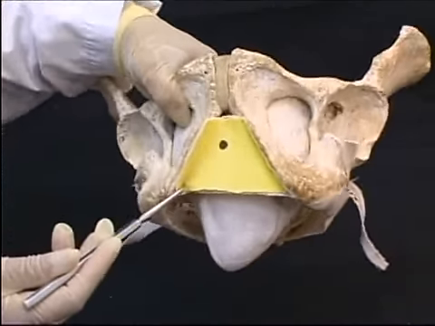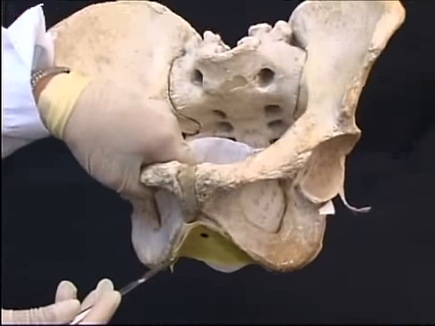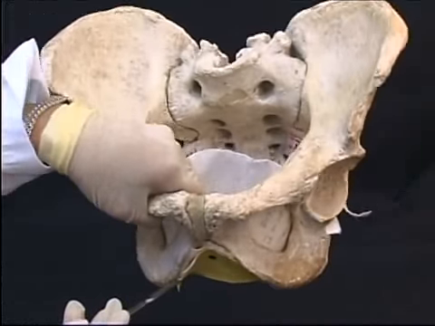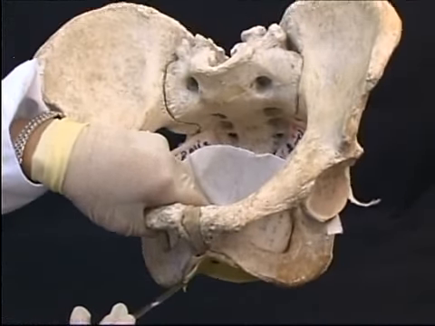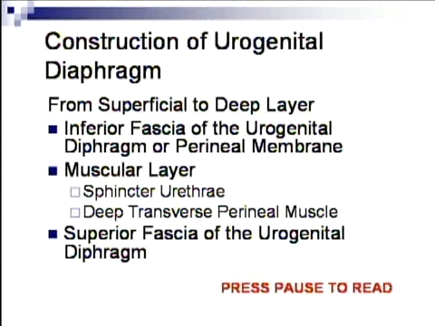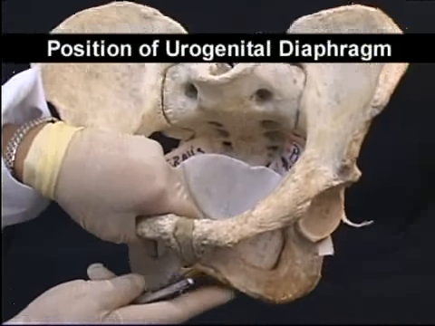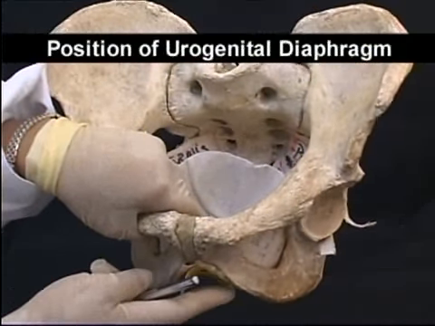So if I put the pelvis into the normal position, rotated to 80 degrees, which is the normal position of the pelvis, this is the position of the UG diaphragm. It faces inferiorly.